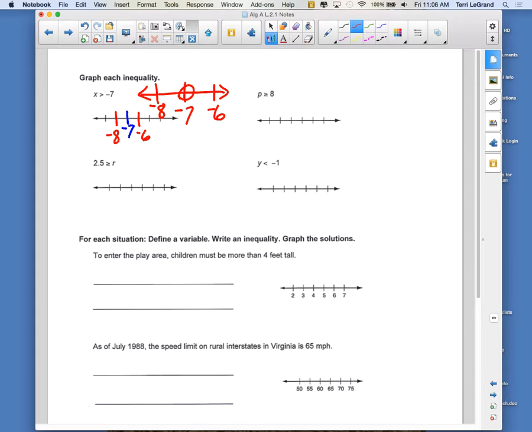What numbers are greater than -7? These guys. Shaded dark, thick, so we can tell which numbers you're including. And then you pick a number from there and make sure it makes it true. So let's pick -6. Is -6 greater than -7? Yes.